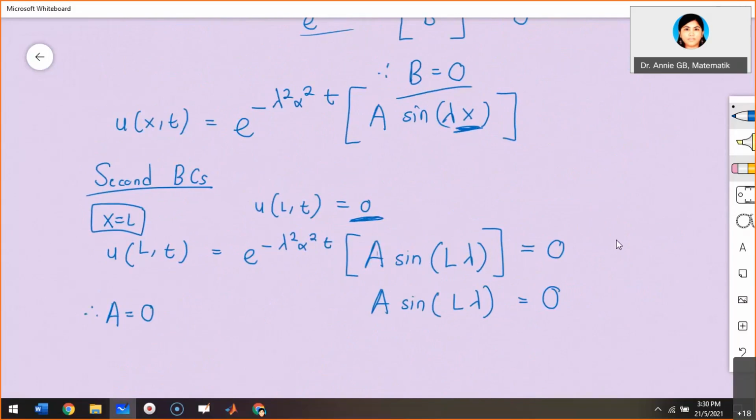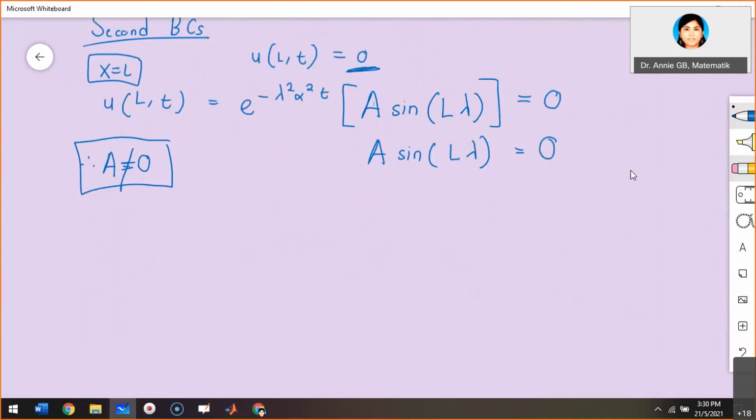Betul tak? Kalau A kosong, apa akan berlaku pada equation ni? Nothing. u(x,t) equals to 0. So you don't have a solution. That's why my A cannot be 0.